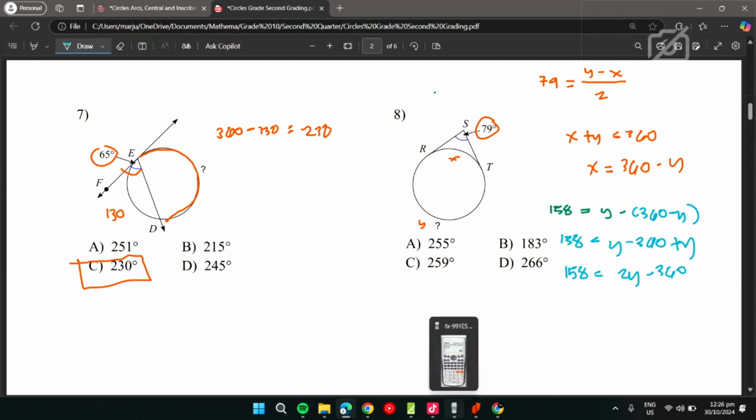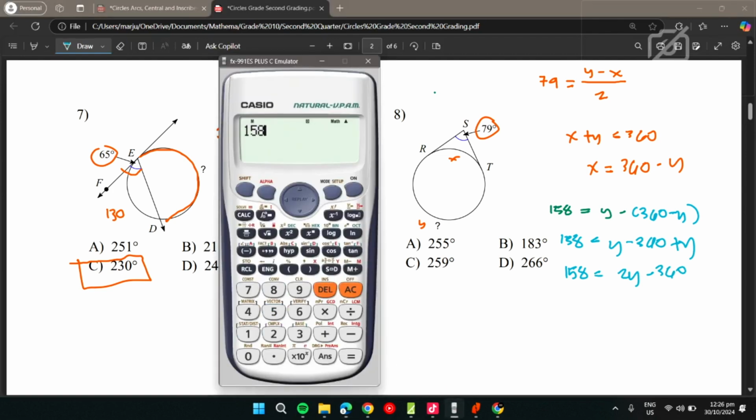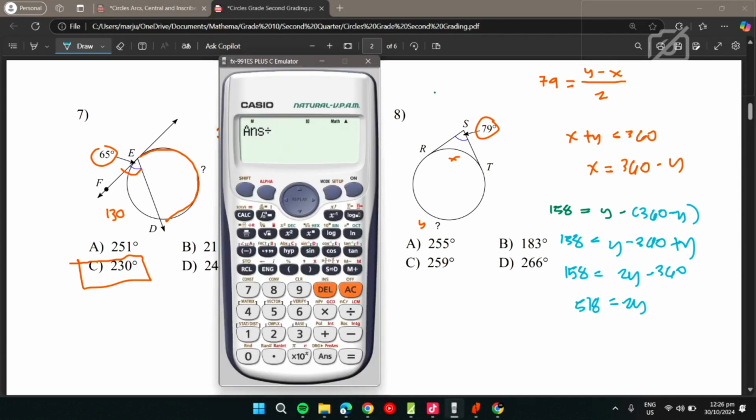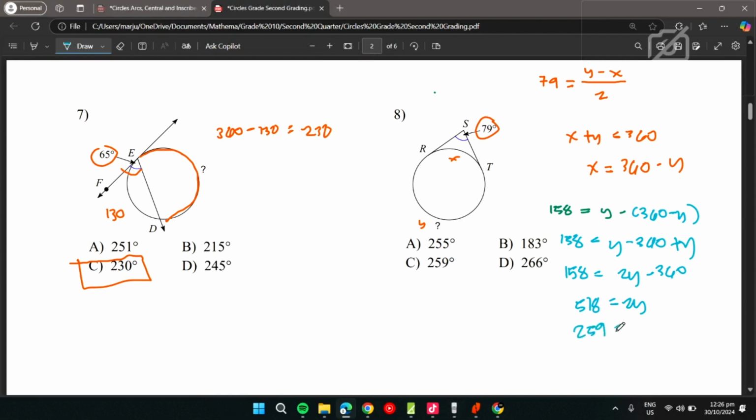And then 158 plus 360, that is 518, equals 2Y. So yung Y ko will be 259. So ito yung sagot ko. Y is equal to 259. That is letter C. Alright? That's how you do it.